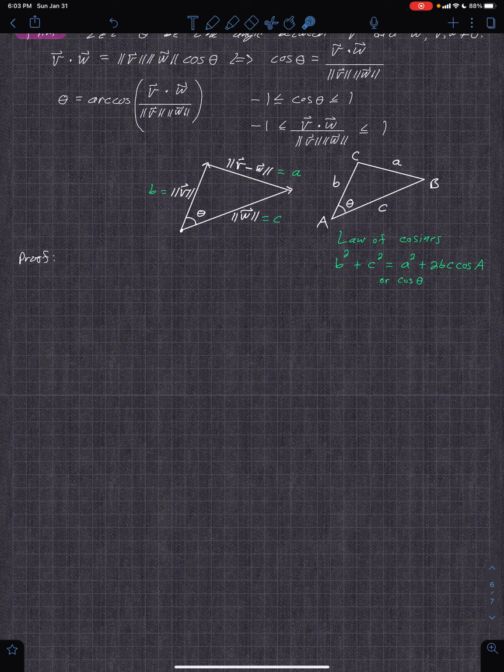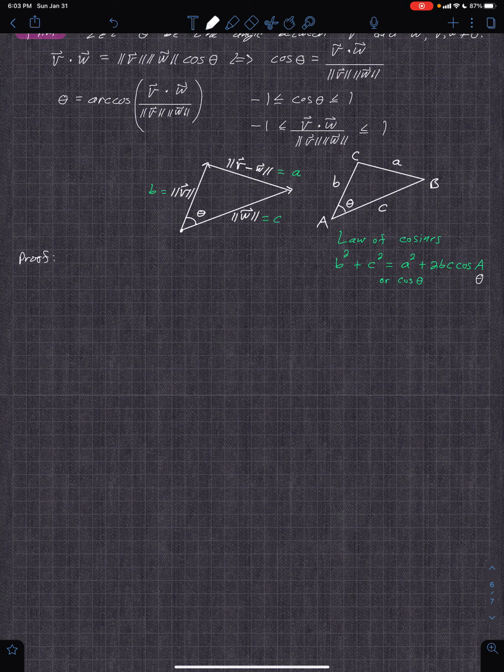But we're going to apply it to this triangle, where this vector is V and this vector is W. You take their magnitudes, and we treat that like B and this like C. The difference is V minus W, and its magnitude we'll call A. This theta is the angle A, so you could put theta down here if you wanted to.